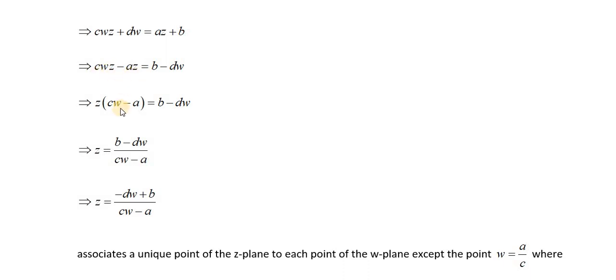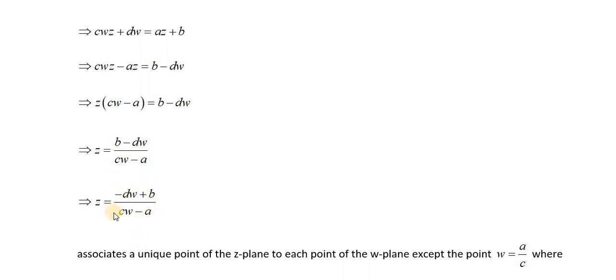Here Z is common, take Z common: Z(CW minus A) equal to B minus DW. From this we find Z equal to (B minus DW) by (CW minus A). Rewriting this expression, Z equal to (minus DW plus B) by (CW minus A).